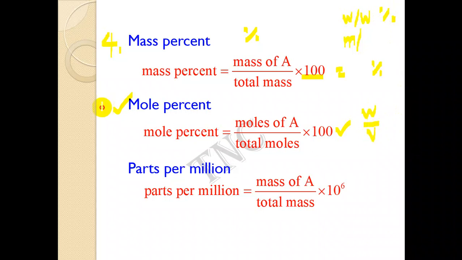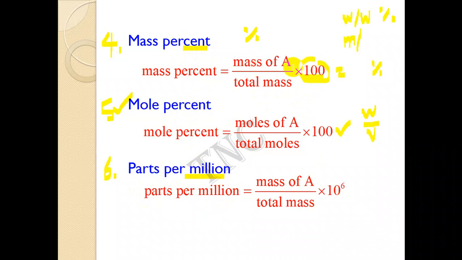So then let's move to the sixth concentration term, parts per million. The previous term is percent, and cent means out of 100. Here it is parts per million. The only difference between mass percent and parts per million is this term.